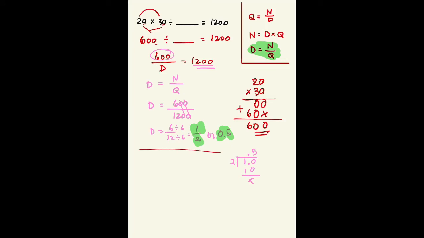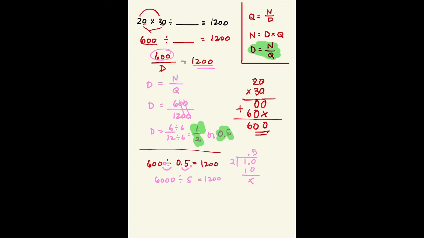Since we know this is already 600, let's just go 600 divided by 0.5 equals 1,200. We cannot divide with a decimal, so I move this here, and I move this here and add a 0. So now we're left with 6,000 divided by 5 equals 1,200.